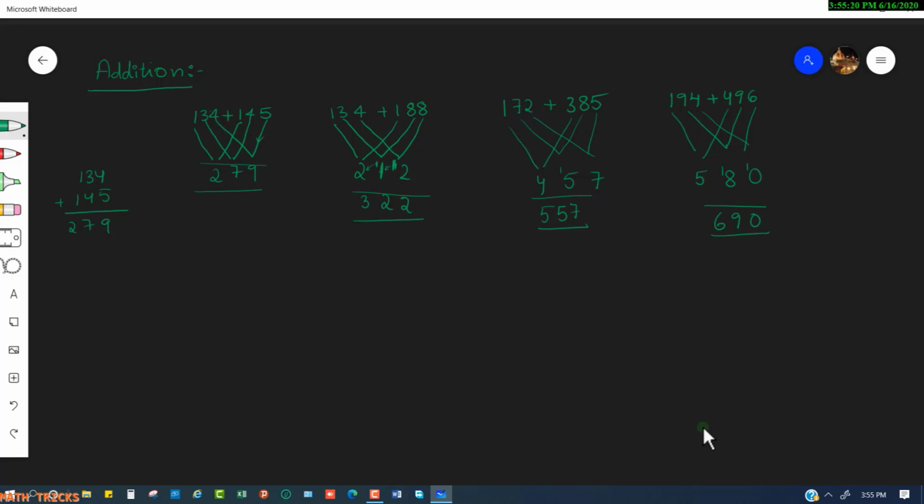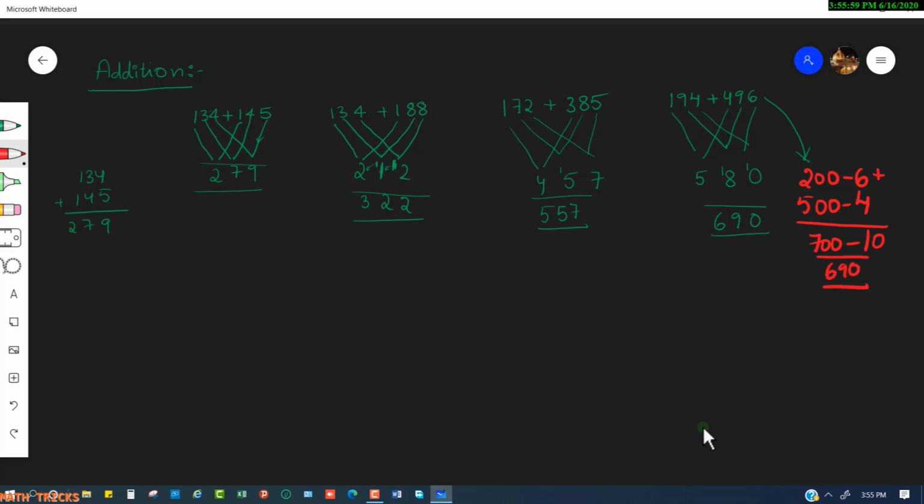You can always see that when the numbers are close to a round figure, you can add in a similar way, and this same problem can be done another way. Now 194 is close to 200, so you can write 200 minus 6, and 496 is close to 500, so 500 minus 4. You add these two and subtract the two differences. 200 plus 500 is 700, and 700 minus 10 gives 690.